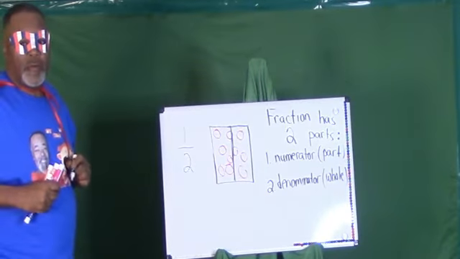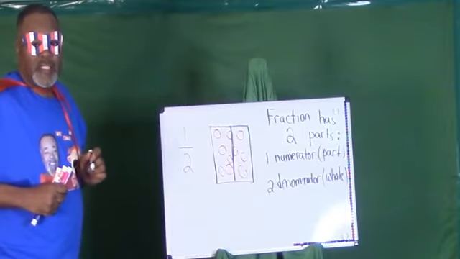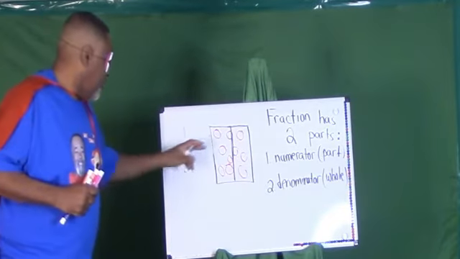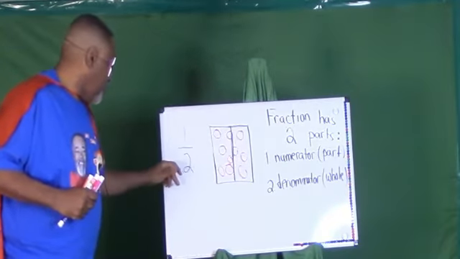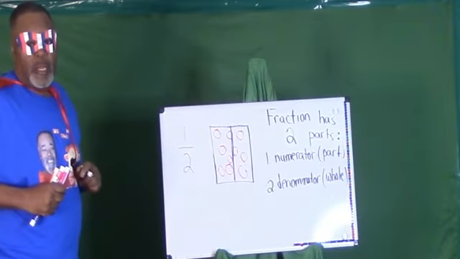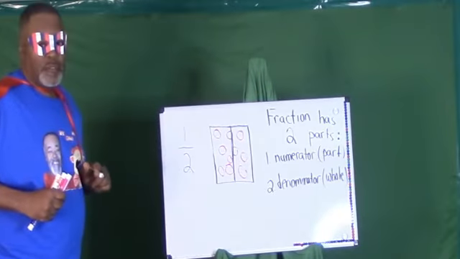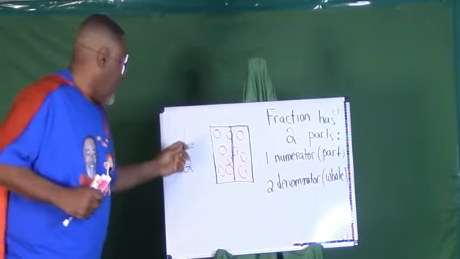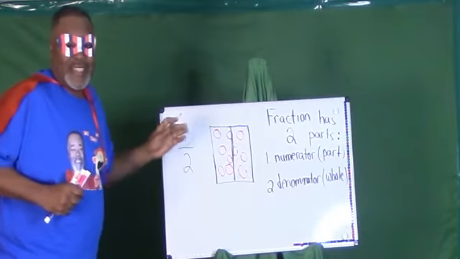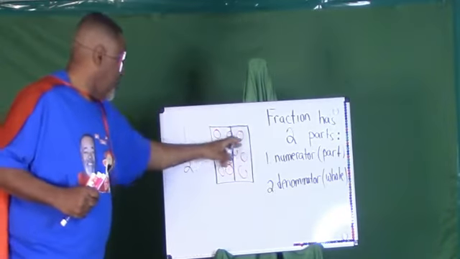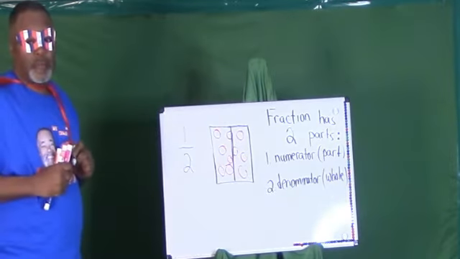So now, how many equal parts is this cut into? It's cut into two equal parts, which is your denominator. Because your denominator tells how many equal parts is it cut into. So it's cut into two equal parts.